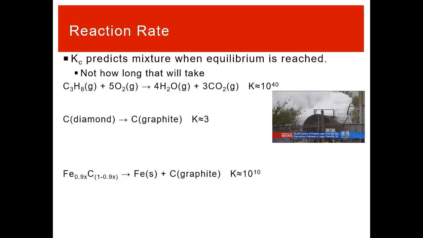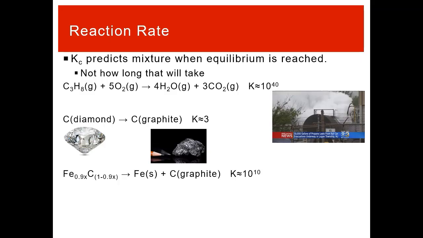Carbon in its diamond form should become graphite. Both diamond and graphite are pure carbon, and so all diamonds should become graphite. That is the more stable process. That is the preferred reaction. But the thing is, the kinetics are unbelievably slow.